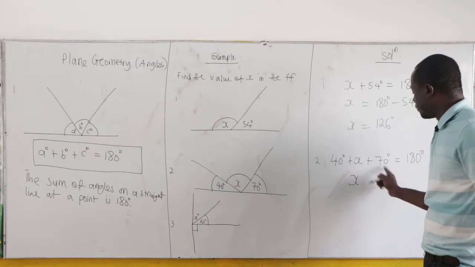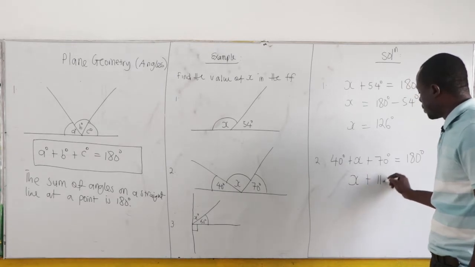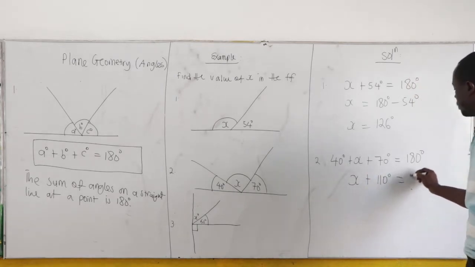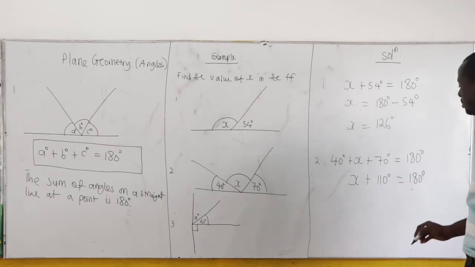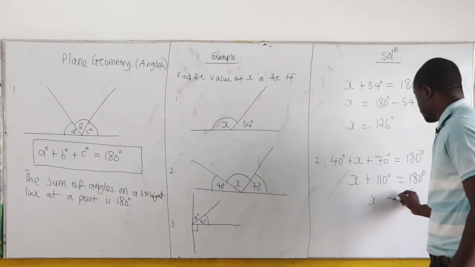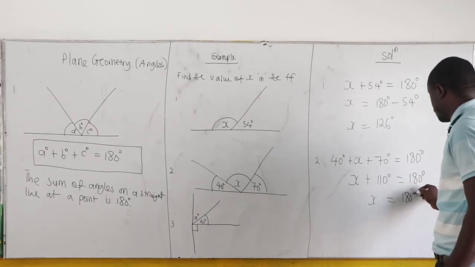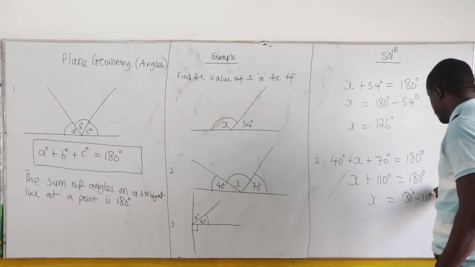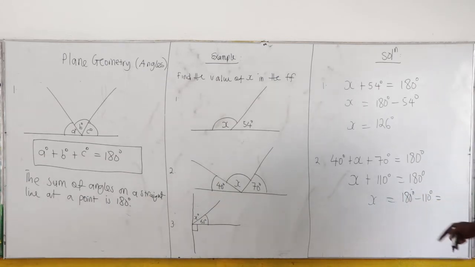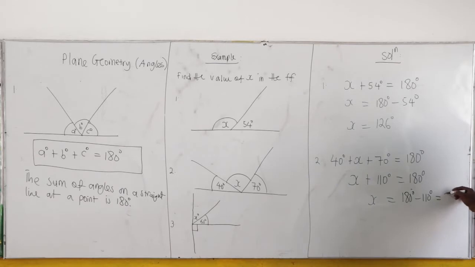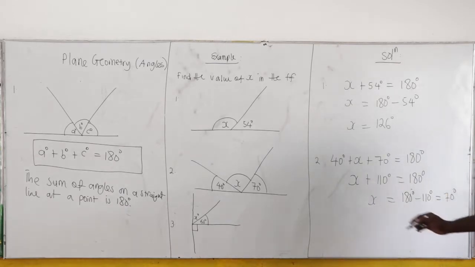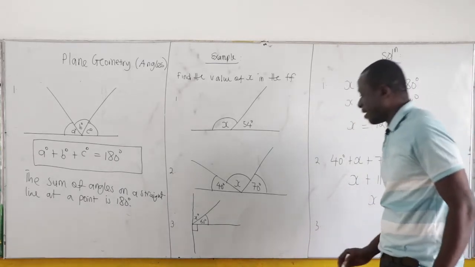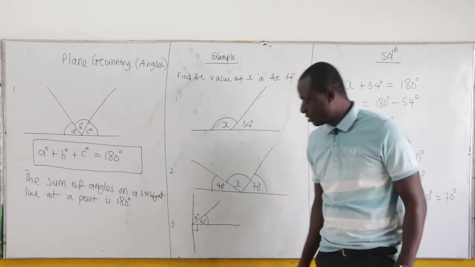Now, what is 40 plus 70? 40 plus 70 is 110 degrees. Clearly, x is equal to 180 degrees minus 110 degrees, and this is just 70 degrees. That's so easy. Now let's see the third one.